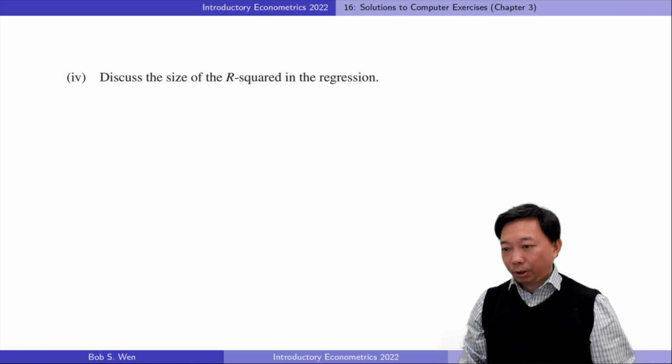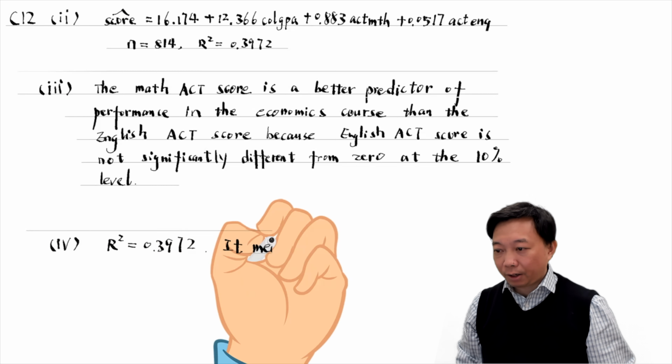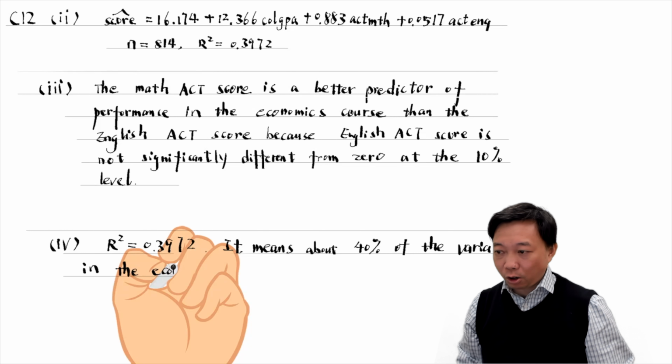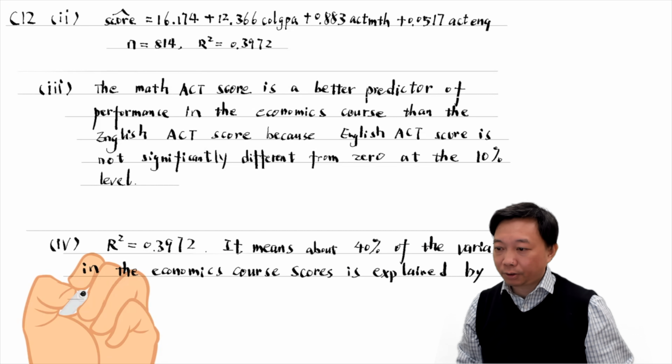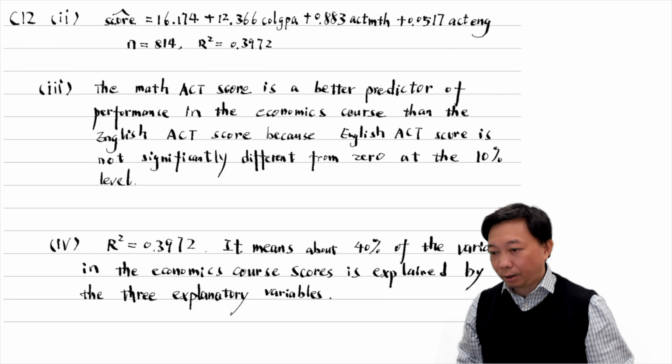For the fourth question, about 40% of the variation in the economics course scores is explained by the 3 explanatory variables in the model.